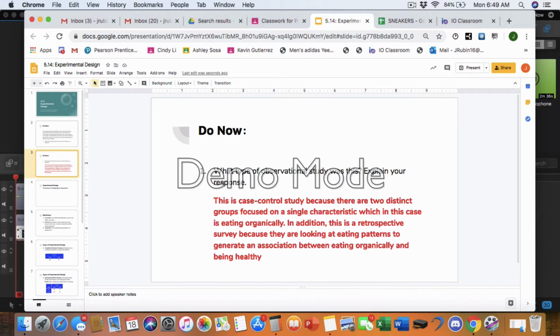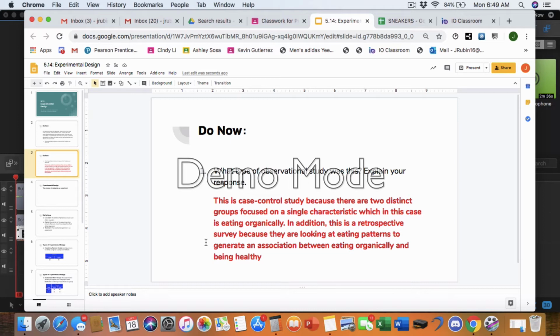Now, we're going to discuss today the different types of experiments. Observational studies, right? The question I got a lot was case control versus cross-sectional. Or I'm sorry, cross-sectional and cohort. The way to remember it is cross-sectional is one group at an instantaneous time, a very specific time period.